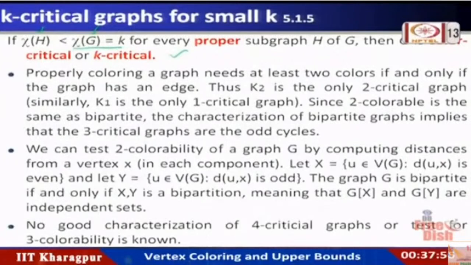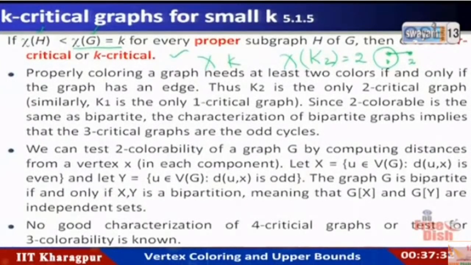Let us understand this particular concept. So let us take the graph K2. K2 has 2 vertices. How many colors are required? Obviously this can be colored with 1, and this with 2. So the chromatic number of K2 is 2. If you take a subgraph, it will be K1.